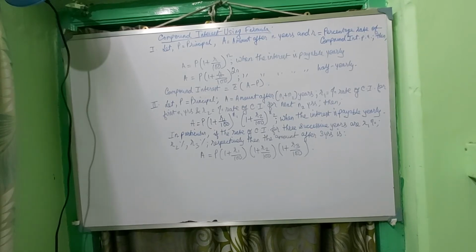Here time is n, small n, which is 3 years, and the rate of interest is 8 and 1/3 percent. 8 and 1/3 percent means 8.33 percent, or you can convert it: 8 into 3 is 24, plus 1, 25 by 3 percent. You can also do it like that.